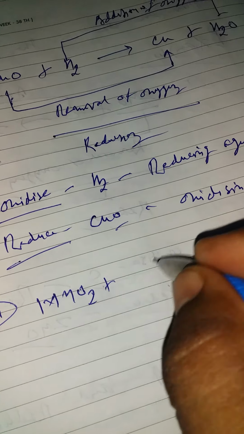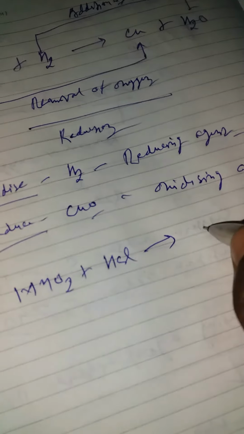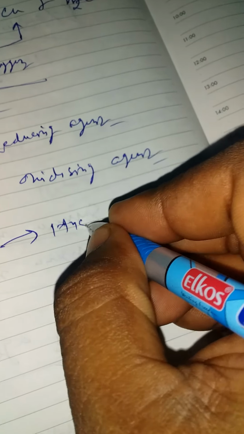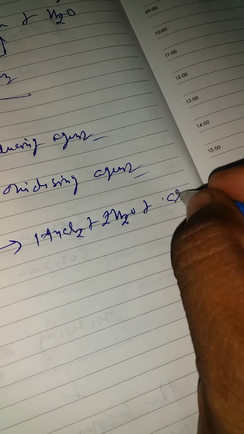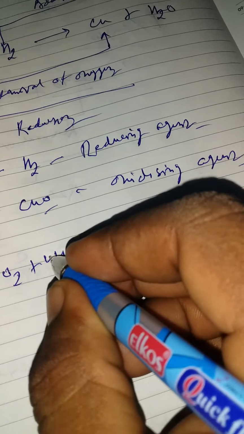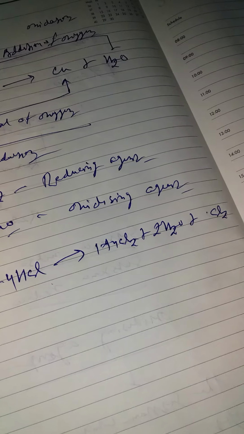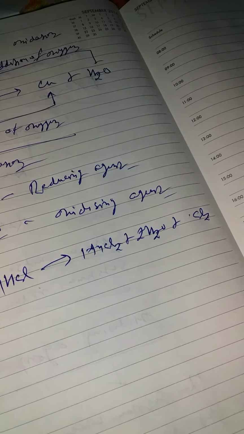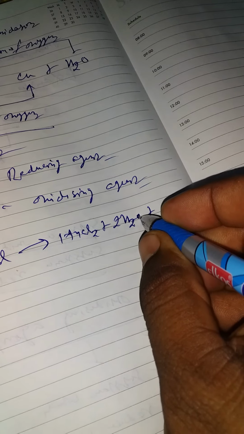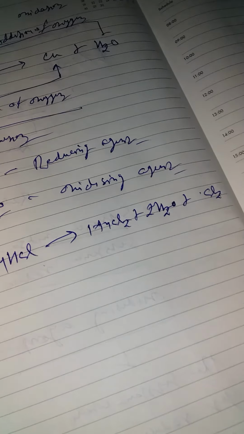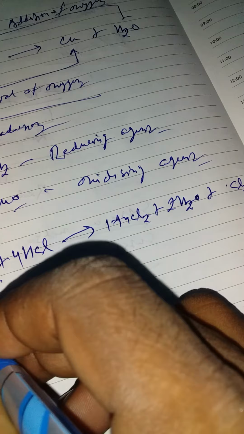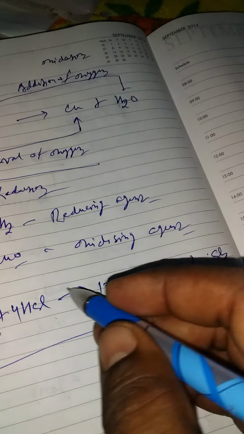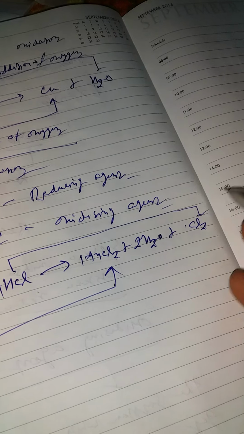Third example, MnO2 plus HCl gives MnCl2 plus 2H2O plus Cl2. Here 4HCl is needed for balancing this chemical equation. In this redox reaction, we see that MnO2 converts into MnCl2 and HCl converts into Cl2.